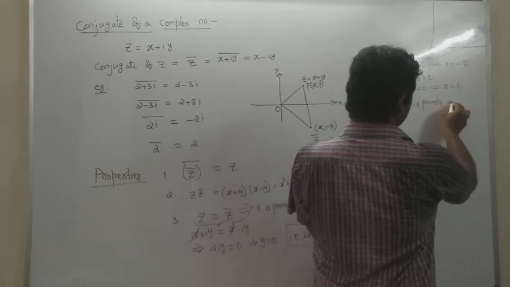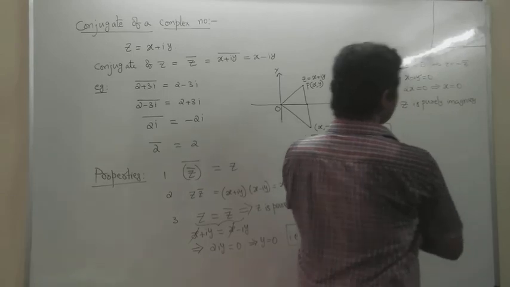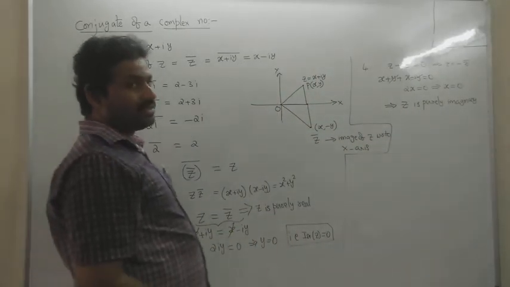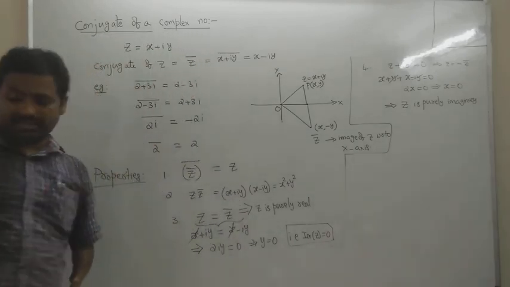See this one? z equal to z bar, so z is purely real. And z plus z bar equal to 0, then z is purely imaginary.